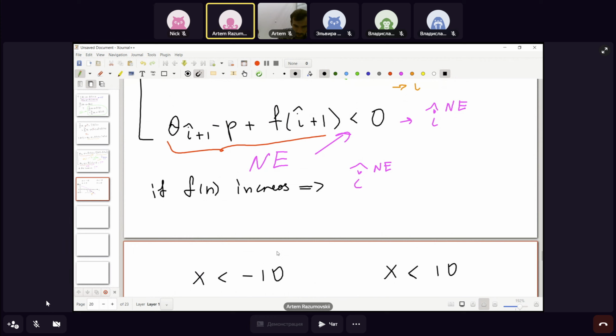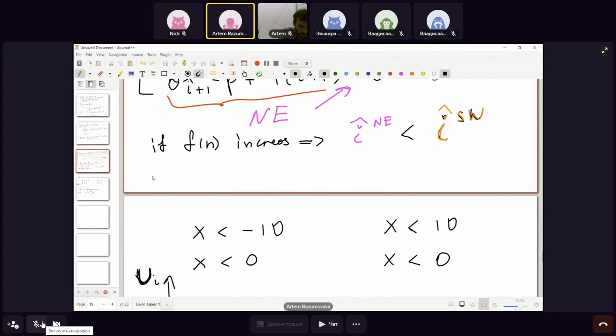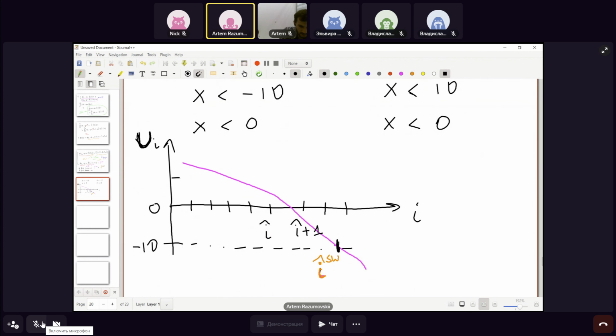So then the Nash equilibrium will be higher than the social welfare optimum. And by the same logic, if f is decreasing, then you need to compare with something positive, for example plus 1.